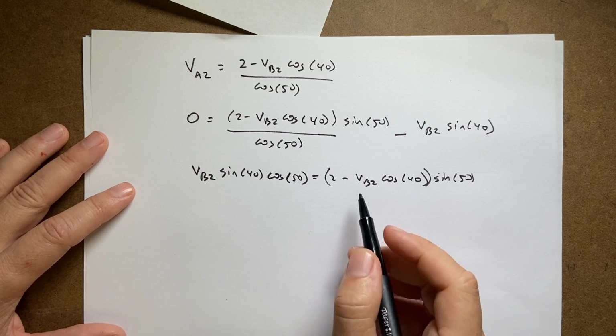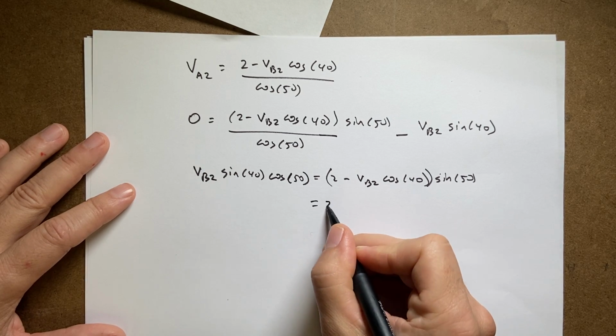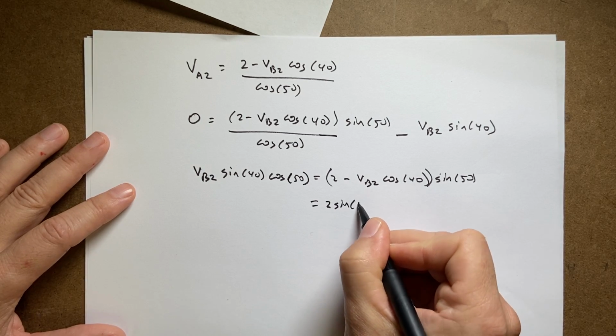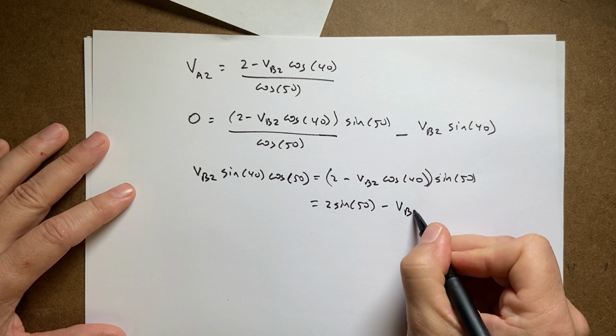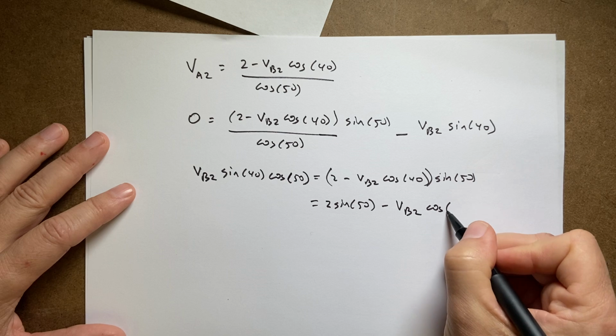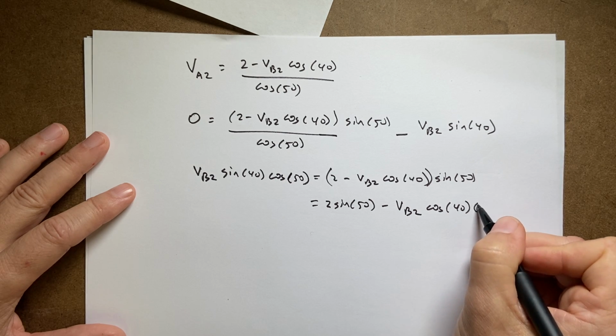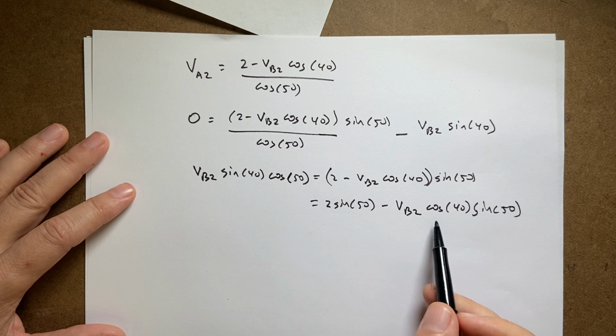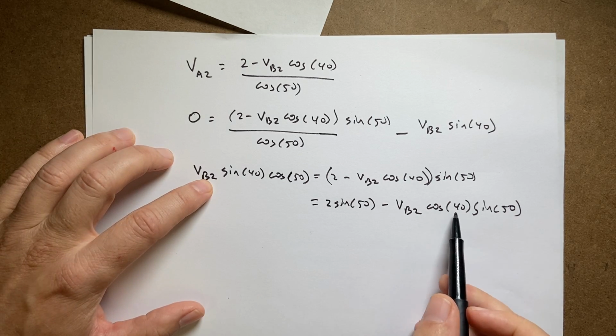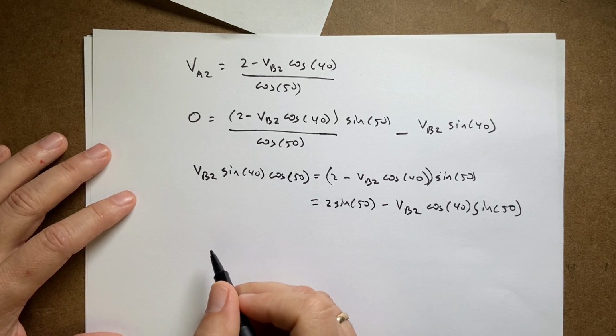Okay, so now I'm going to multiply this out, and I get 2 sine of 50 minus VB2 cosine 40 sine of 50. Now I can add this to both sides and factor out the VB2.